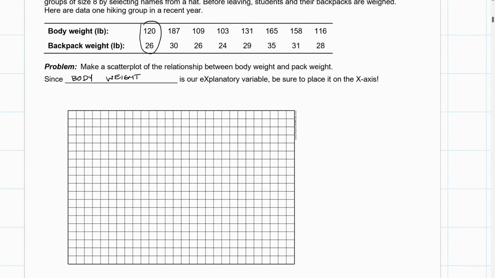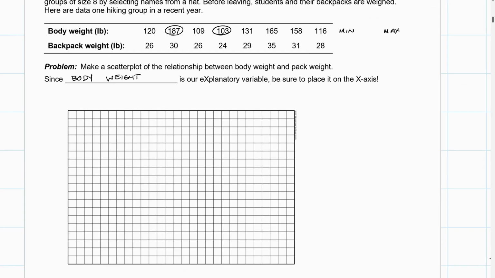Now, in terms of figuring out how to lay out my scatter plot, I might start by asking what the minimum and maximum values are for my explanatory variable. It looks like my smallest value is 103 and my highest value is 187.